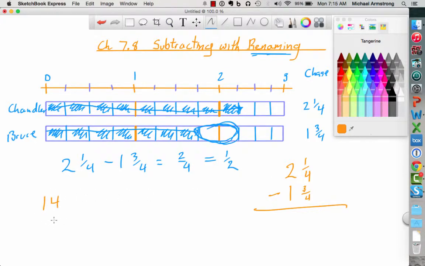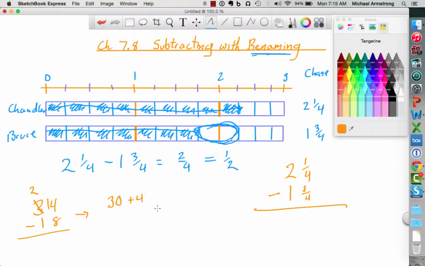Now, when you subtract in a normal way, say you pick a bigger number, 34 minus 18. What you're used to doing is renaming like this. You rename that as a 2 and put a 1 over here, and that makes 14. But what you're really doing is saying, I have 34, which is the same as 30 plus 4.